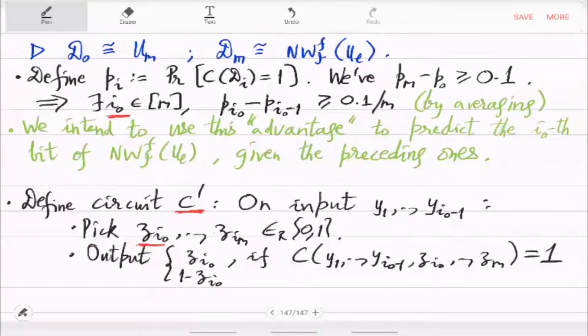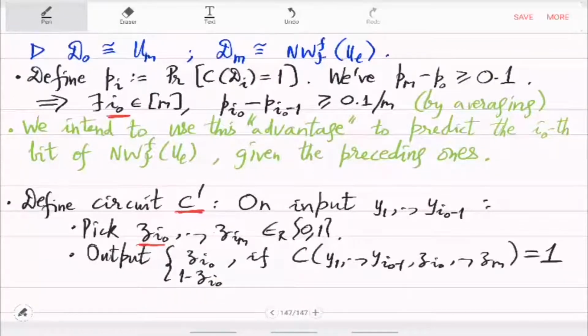Remember, in Di0 you are using the first I0 bits from the NW generator. So if you use an NW generator based prefix, then there is a higher chance of C outputting 1.